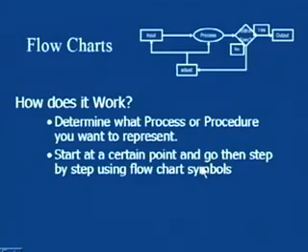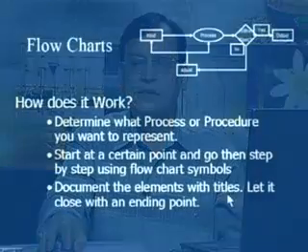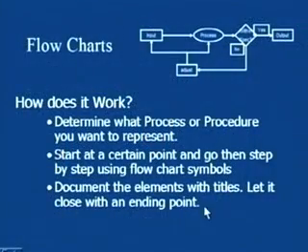Means you should know what should be the first point, you should also know what should be the last point, and whatever is happening in between the start and the last point, you keep exploring how the process moves from one step to another until it reaches the output, means the final point or the stop point. Document the elements with titles, and let it close with an ending point.